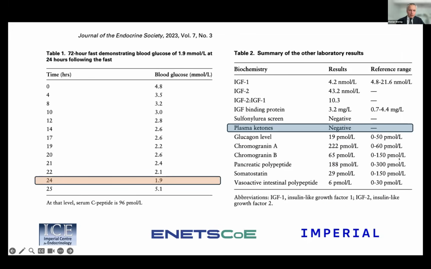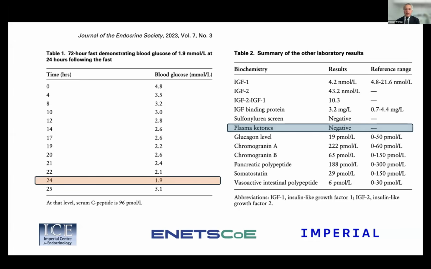After 24 hours, the nadir blood glucose was 1.9 millimoles per liter, negative plasma ketones, and fully suppressed insulin and C-peptide levels. So we looked for other causes that could potentially lead to a similar picture, such as excess IGF-2 production, and her IGF-2 to IGF-1 ratio was not elevated, so we could rule that out biochemically.